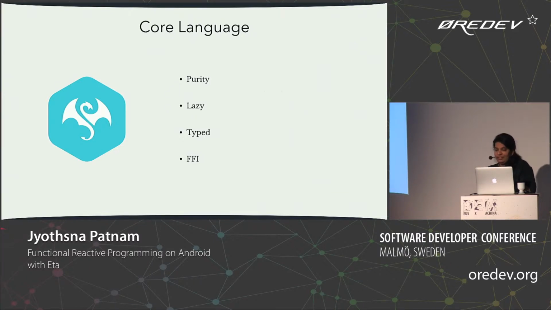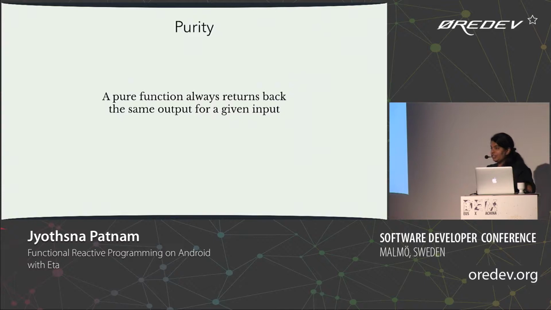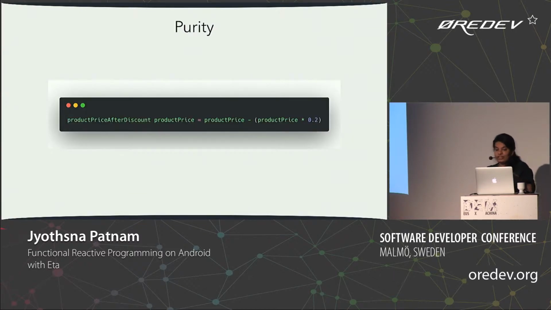What does purity mean? A pure function is a function that gives you back the same output for a given input. Here is a simple example which calculates the price of a product after a 20% discount. So for every given product price, the discounted price will always be the same. This is called purity.